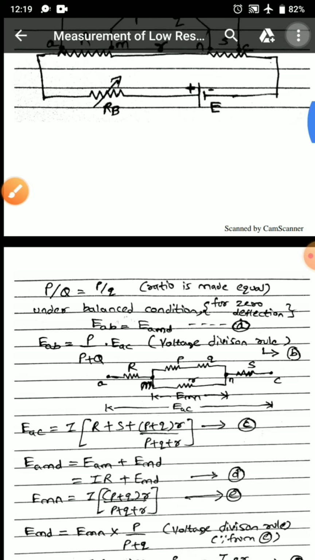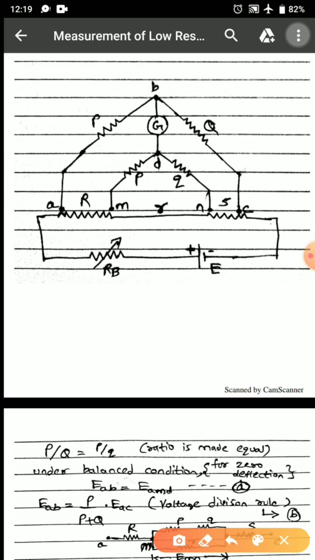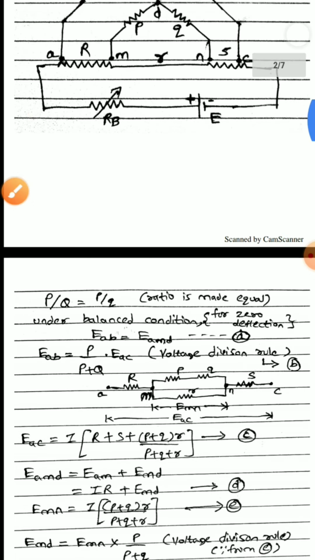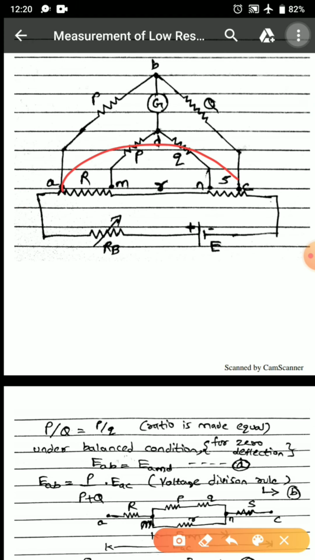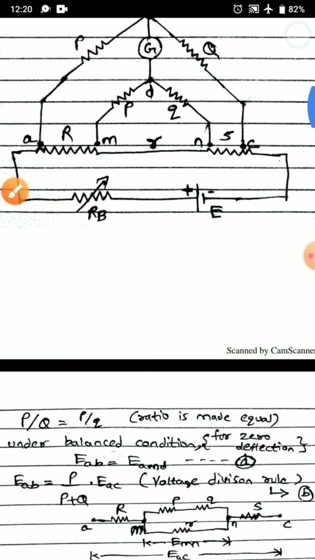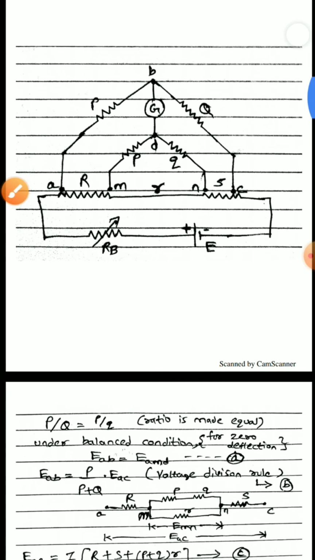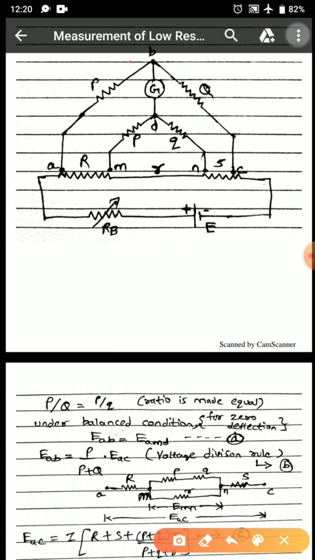Now moving further, I have to find out the potential EAB. When no current is flowing across this, it clearly means that EABC will be having the potential across this. So the potential drop across this point and the potential drop across this point will be equal. If I want to find the value of EAB, I'll apply the voltage division rule.